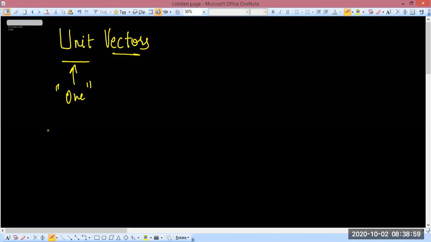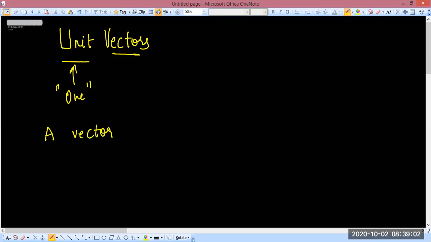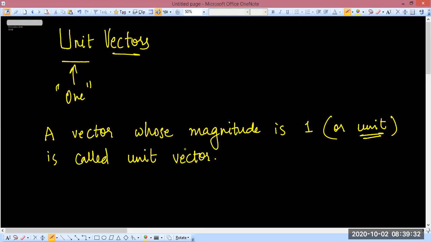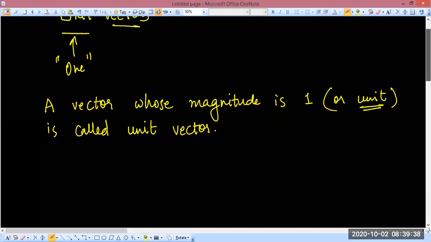A vector whose magnitude is one, or unit, or unity, that's what we call it in words. So a vector whose magnitude is one is called a unit vector.